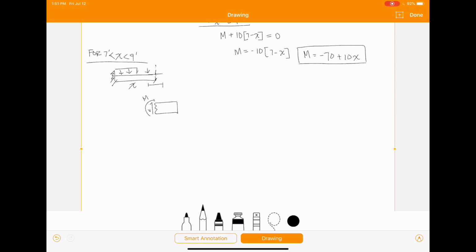All right, and then you can use your equations of equilibrium to determine that V equals 0 and M equals 0. All right, so now that we've got that, we can go ahead and draw our shear and moment diagrams.